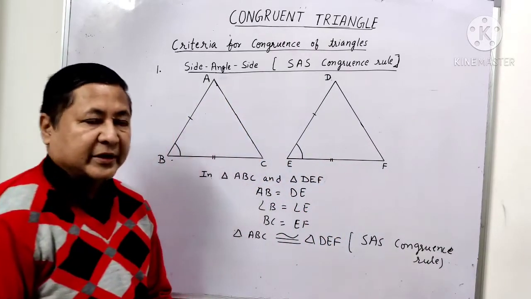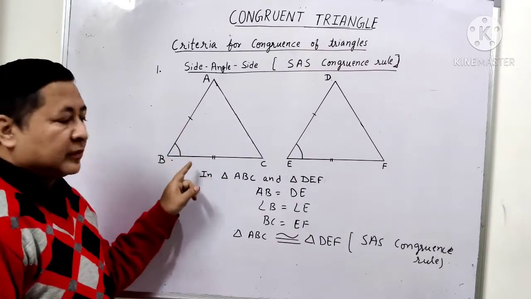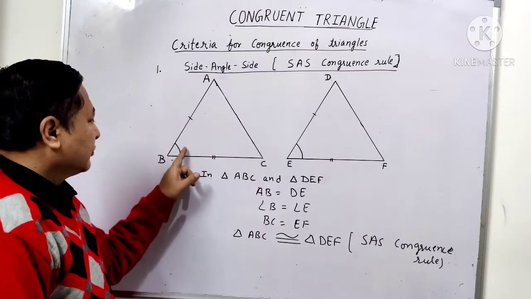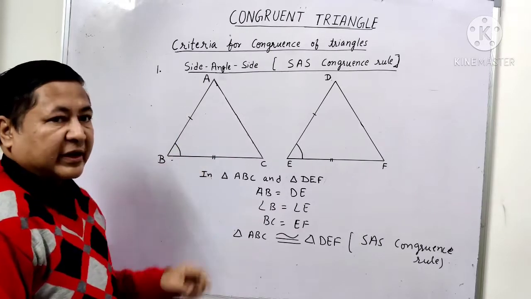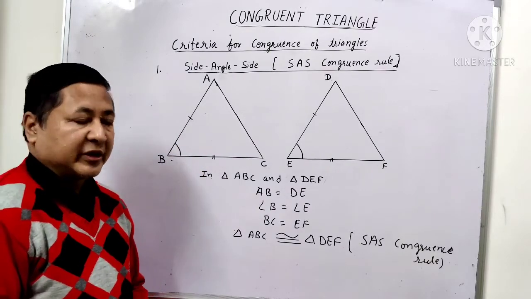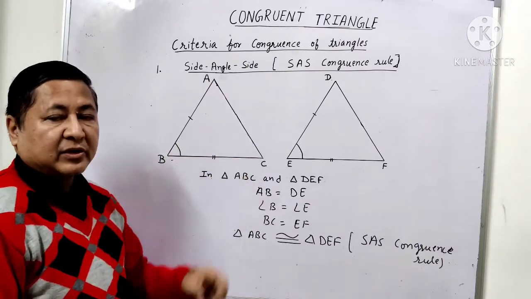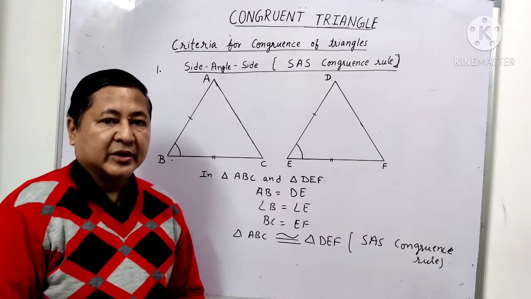Now in this criteria, the angle should be between these two sides. The sides that we are taking are the sides AB and BC, and the angle should be between the two sides. That means two sides we have to take and one included angle we have to take. If I take these two sides and this other angle, then it will not be congruent, because there is no rule like SSA or ASS.